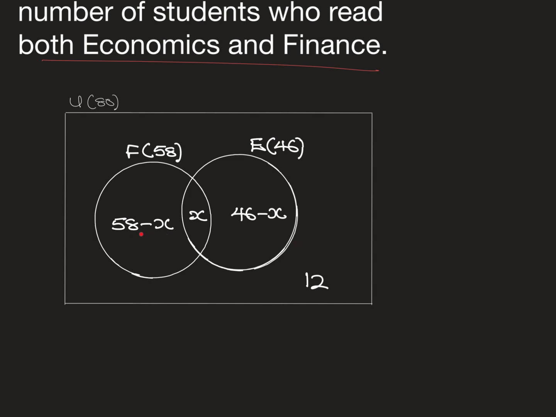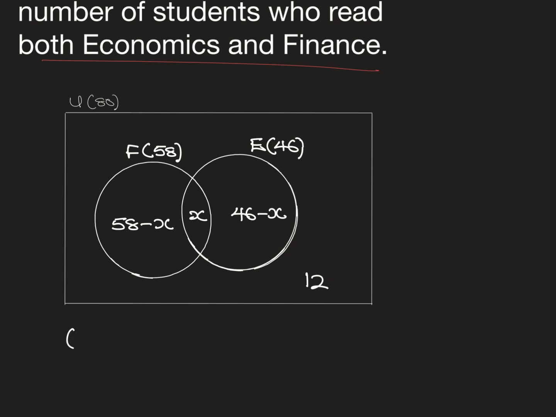Then to be able to know students studying only one subject, that is for finance, that has to be 58 minus X. For economics, it has to be 46 minus X. Remember, we have 12 outside because these are the number of students who are not studying finance and they are also not studying economics. So the total must be equal to 80.